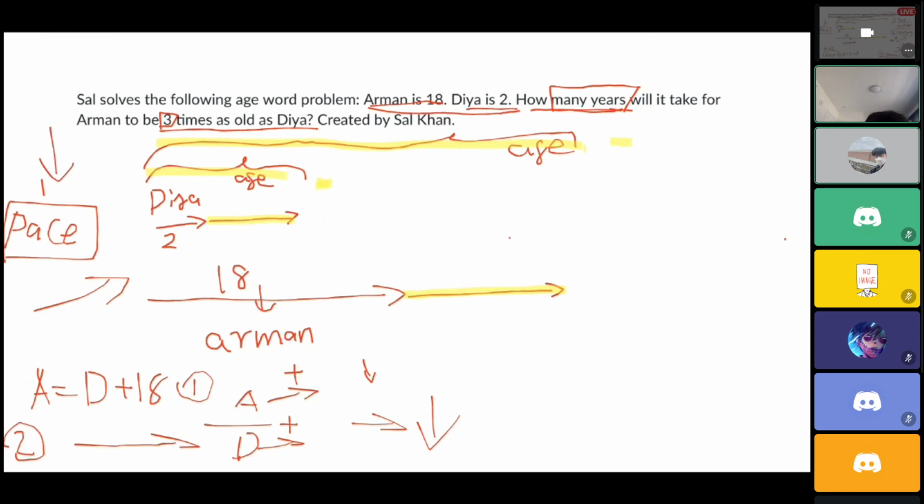This is the diagram we've drawn, right? If it represents the final age, then the length is supposed to be 3 times this length, right?